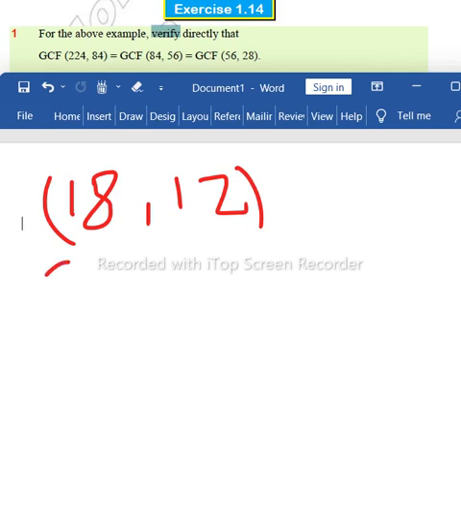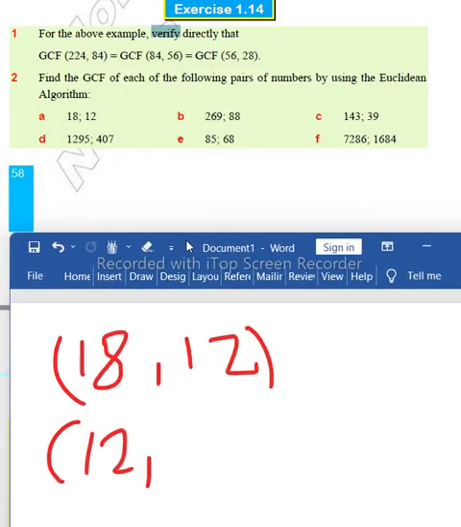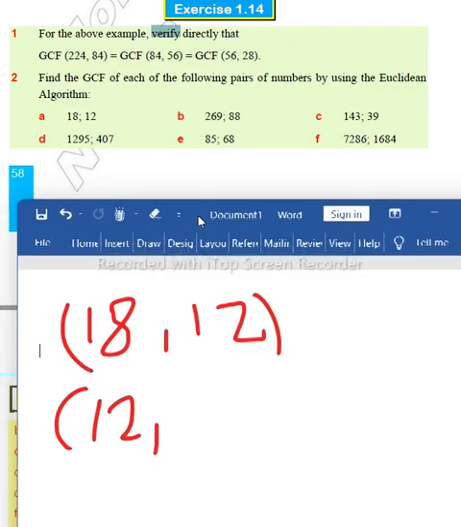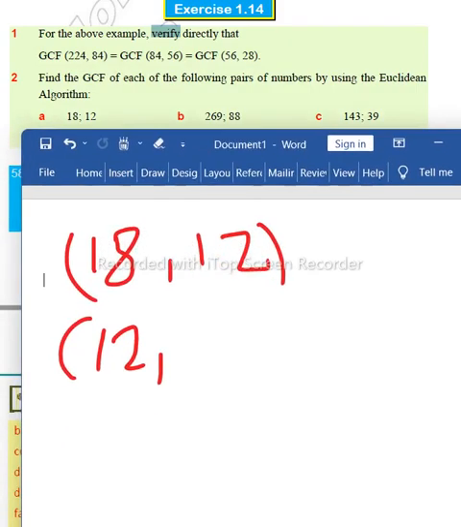So now we can find the greatest common factor using the Euclidean algorithm. We have to divide the given numbers and get the remainders, and then divide the divisor by the remainder again, up to getting the remainder 0.